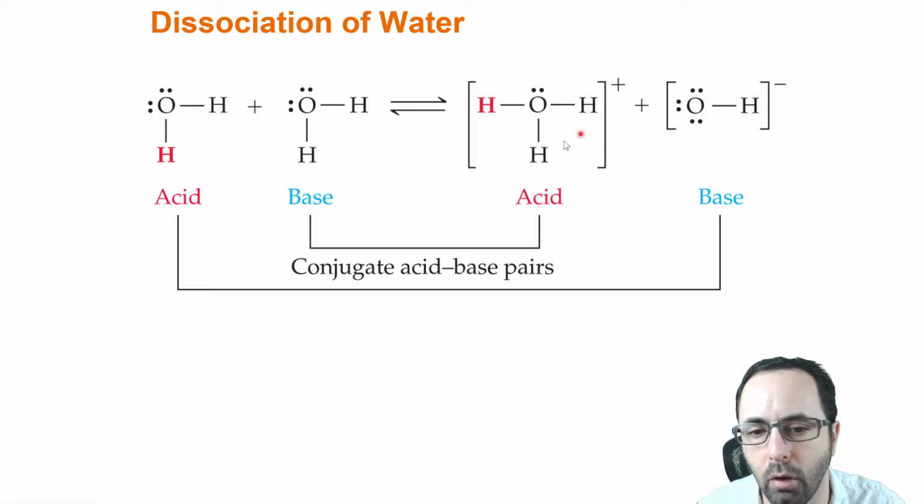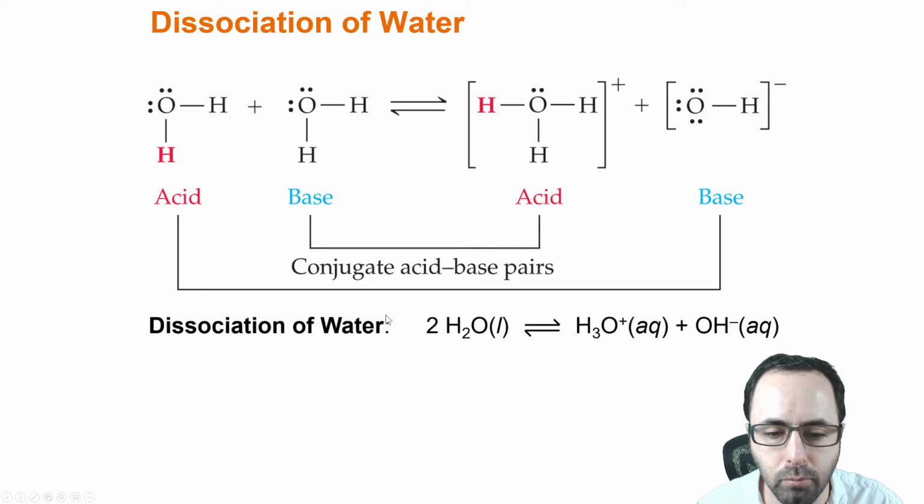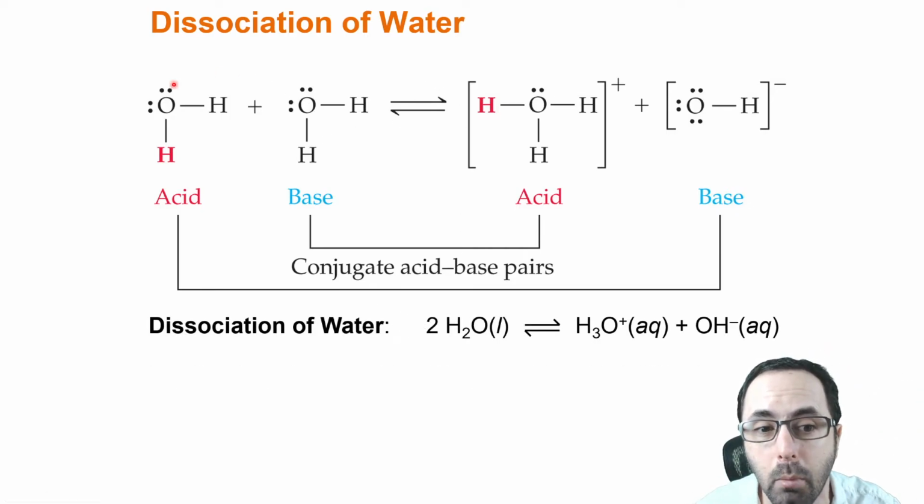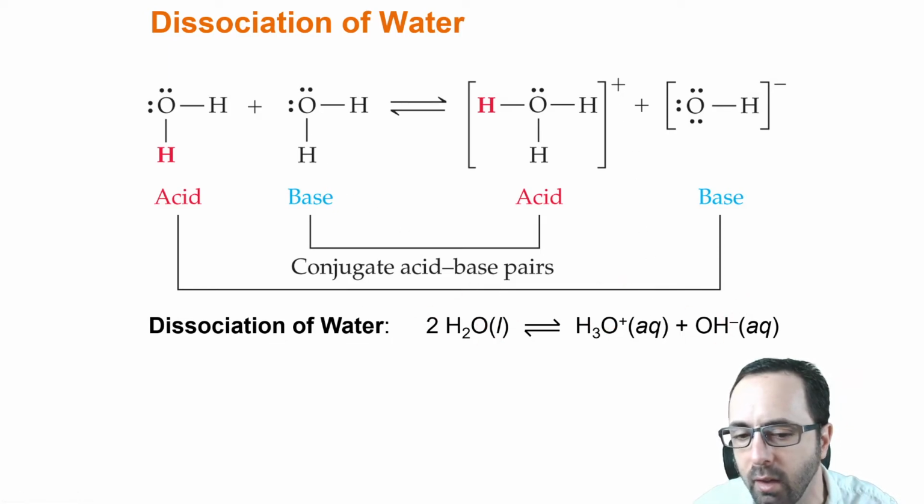Hydronium is the conjugate acid of water, which has behaved as the base in this reaction, accepting the proton. And hydroxide is the conjugate base of water, where this water molecule has behaved as the acid, donating the proton. So there's an equilibrium here, with two water molecules on the left producing hydronium and hydroxide.